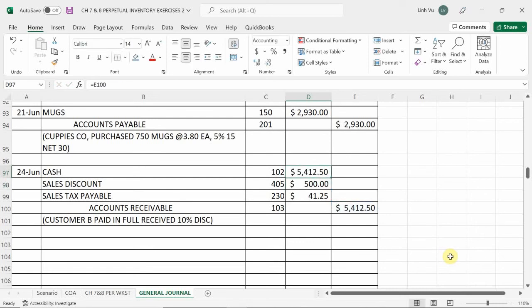Oh, yes. Sorry, I didn't finish my formula. $4,871.25 is correct. So it's the amount that he owes me, minus the discount, minus the sales tax money. Because that's what we're taking away from the amount he owes me, because I had to give him the money back, and I'm discounting his sales.